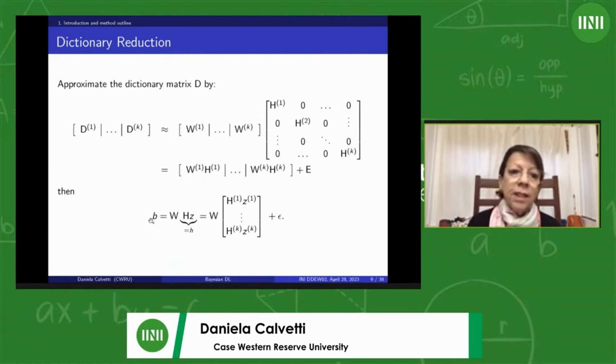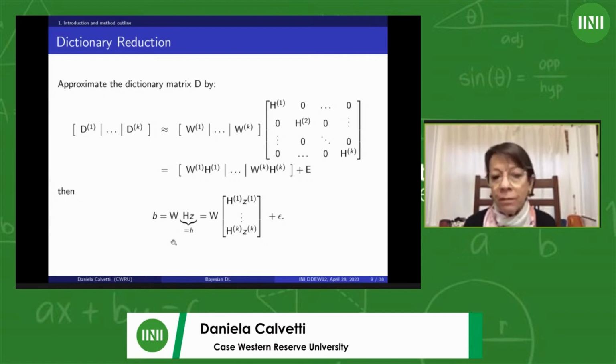So now we keep the focus on our task, which is to match B with the entries of the dictionary. At this phase, if we're replacing the dictionary with this approximate dictionary, the task is to represent B effectively as a linear combination of the feature vectors, a combination of H and Z here.